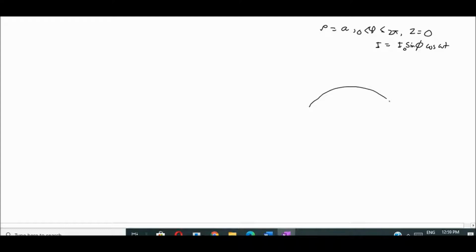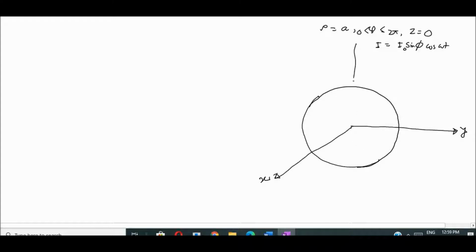So this is my configuration here, circular, and this is the y-axis. Here we have the x and the z. So this has a radius rho, and phi is from 0 to 2 pi, and z is equal to 0.